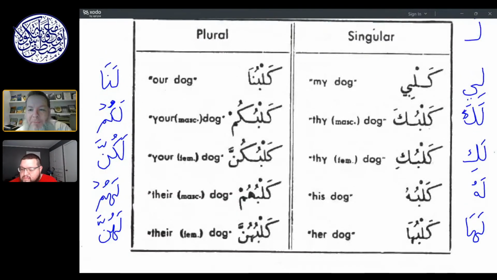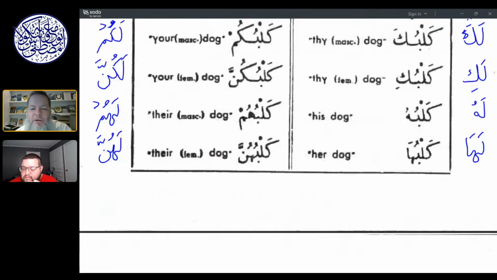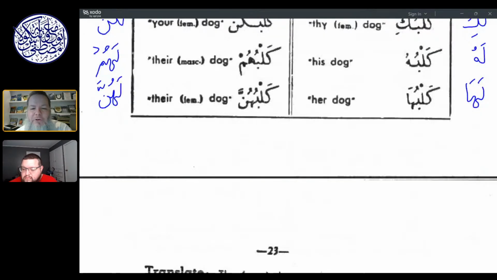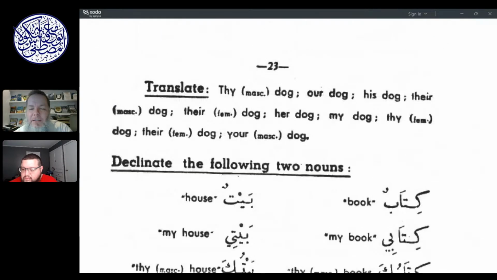If you remember the first chart, this chart is going to be super easy. You just take that same ending on the end of the la and you put it on the end of a noun. And we can do that for so many. So, for example, we did it on kelb.